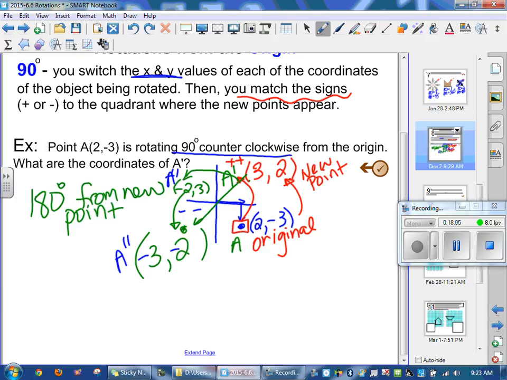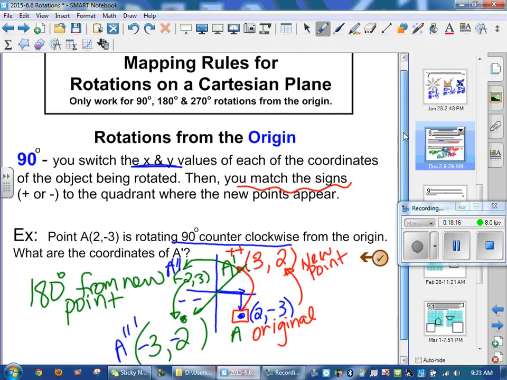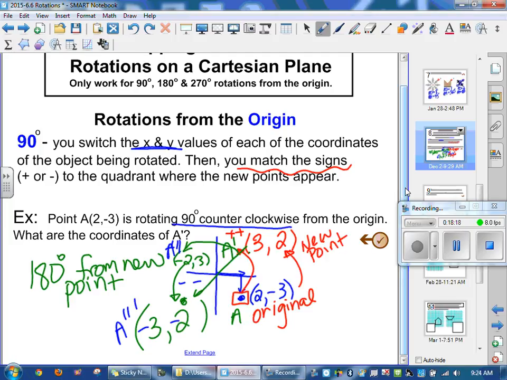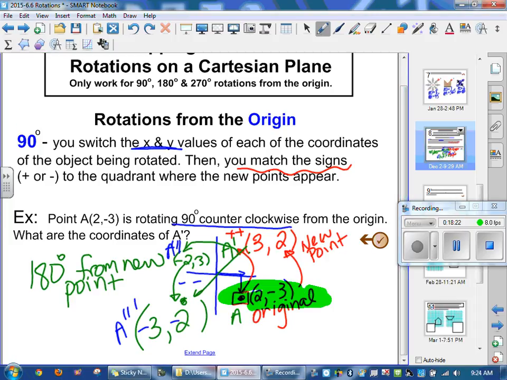Okay. This one's now telling you about the 180 rule. So what do you notice back here on our question? If we took a look at our original one, look at our original one right here. This guy right here. If I look at my original, what do you notice about the guy that's exactly 180 across from him? What do you notice about the digits of those points?